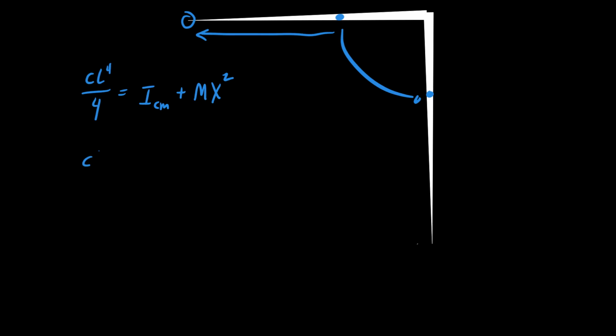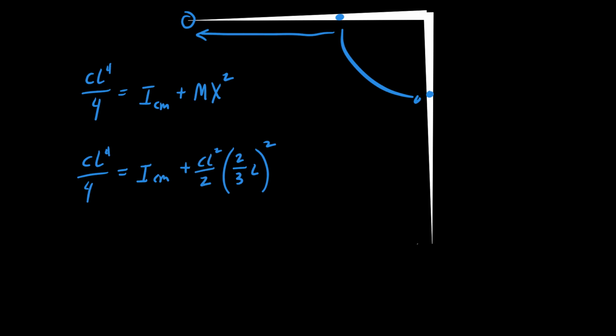I would write CL to the fourth over 4 equals I center of mass plus m times 2/3 L squared. This is how I will shift the moment of inertia back to the center of mass. M, though, you know I'm going to have to put in our expression for m here, right? So let's not forget, m is CL squared over 2.